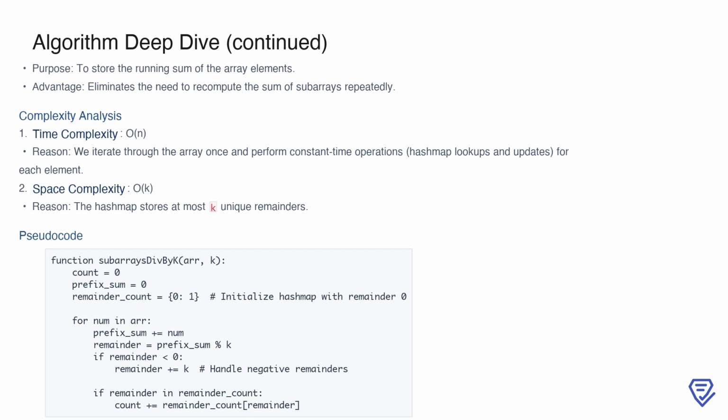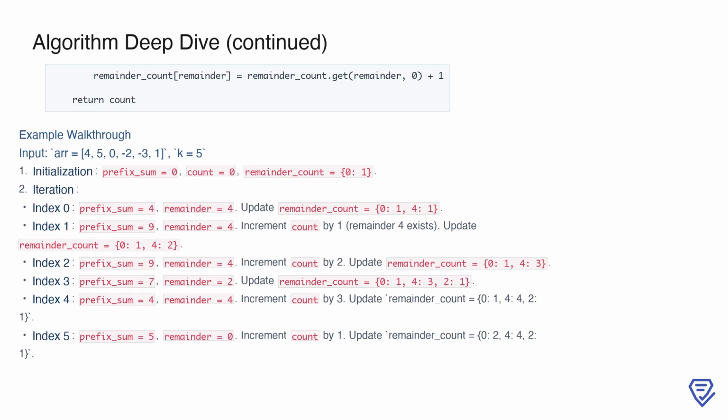The pseudocode for the implementation provides a detailed breakdown of these steps, starting with initializing the counter, prefix sum, and hash map, and iterating through the array to update these values dynamically. The pseudocode continues with the key operations performed during the iteration. For each element in the array, we update the prefix sum by adding the current value, calculate the remainder modulo k, and adjust it to be positive if necessary.